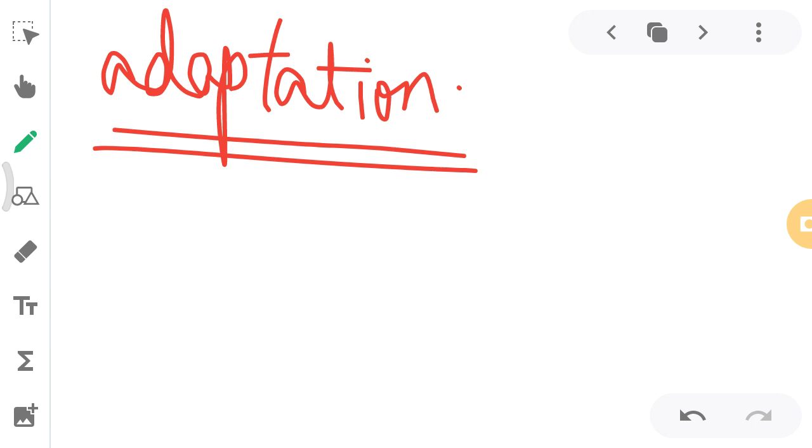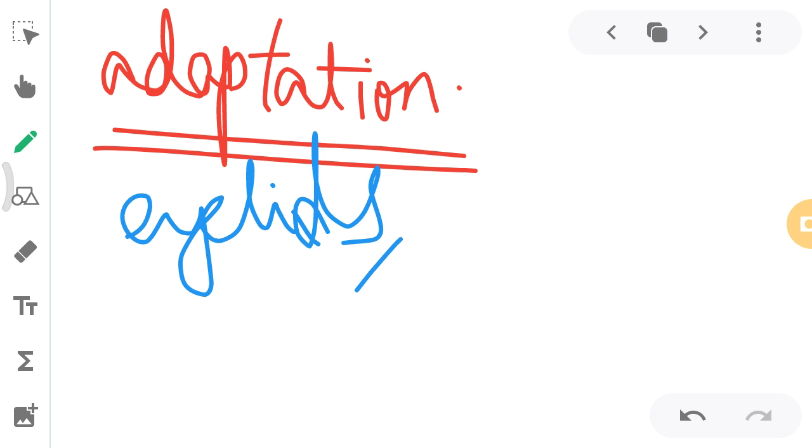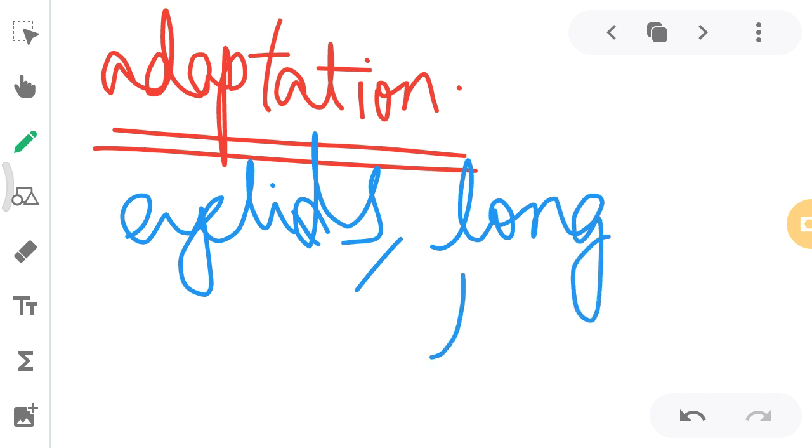As camels live in deserts and their surrounding is covered by sand and hot air and hot climate, they develop specific features over a period of time. So, what are the specific features of camels? They have long eyelids. Then they have long legs.